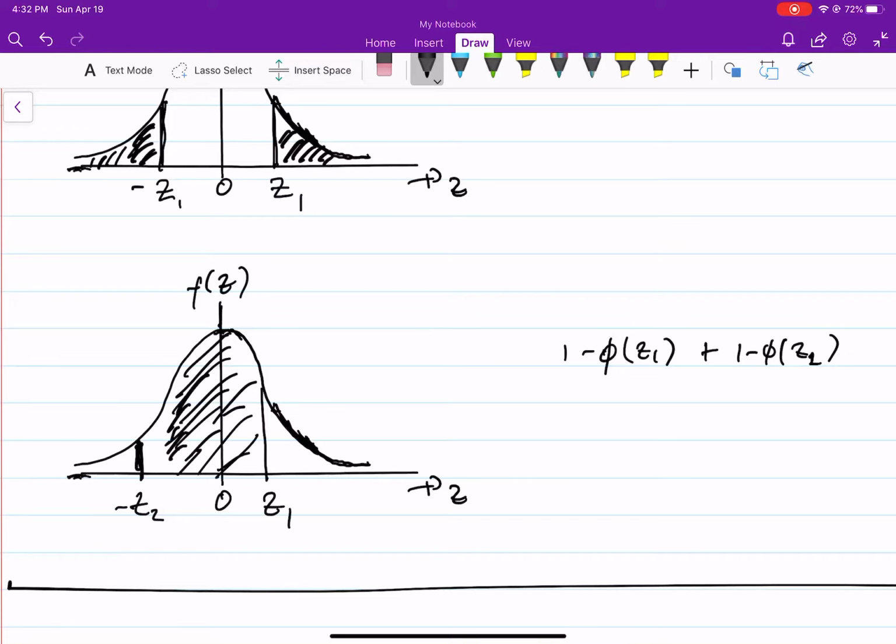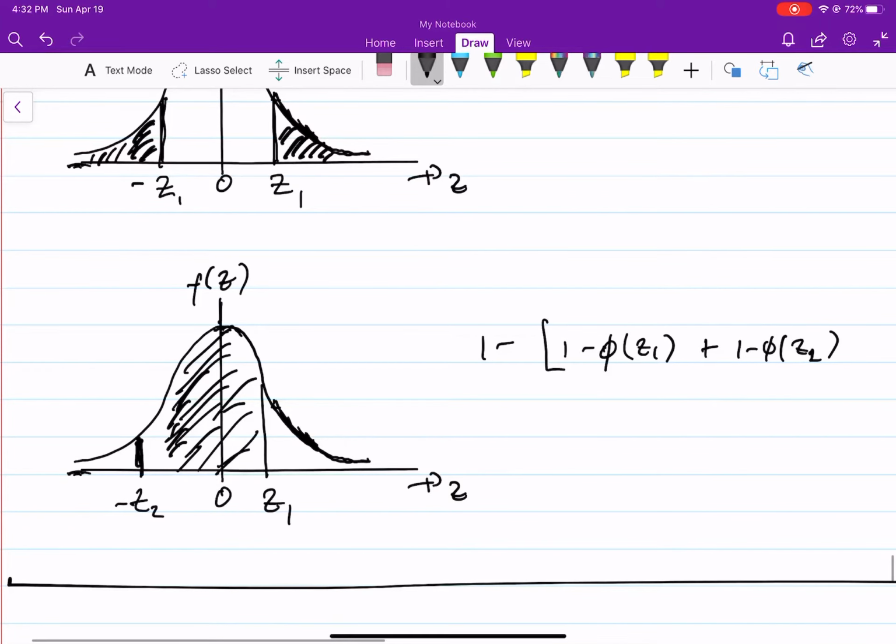If I take 1 and subtract that, 1 minus this, shouldn't that give me what I'm looking for? So this is 1 minus 1, that disappears. This becomes phi of Z1. That becomes plus phi of Z2. And that becomes minus 1.